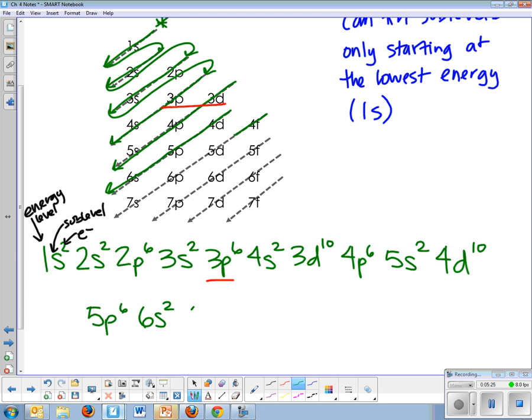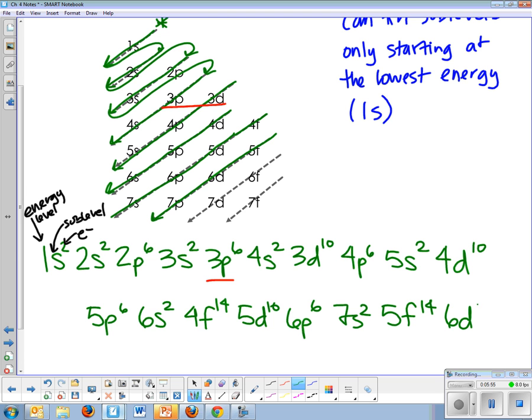Here's our first f. F has 7 orbitals, 2 electrons in each. 7 times 2 is 14, so it can hold 14 electrons. It's a lot bigger. After 4f comes 5d. So 5d10. Then we've got 6p6, and then 7s2. And then 5f14.